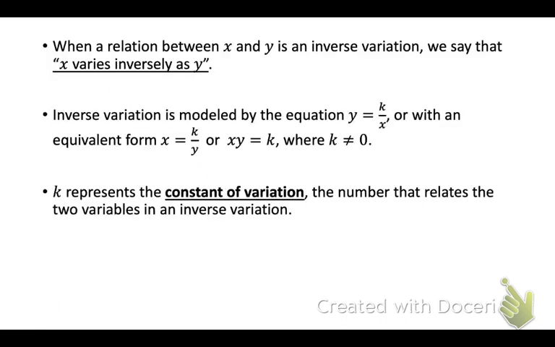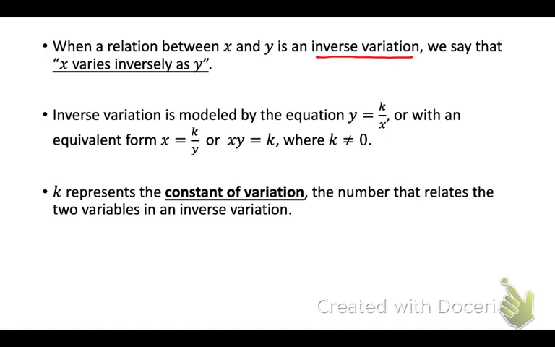That's what's going up. So today, when a relation between x and y is an inverse variation, we say that x varies inversely as y. Okay, we say those words.